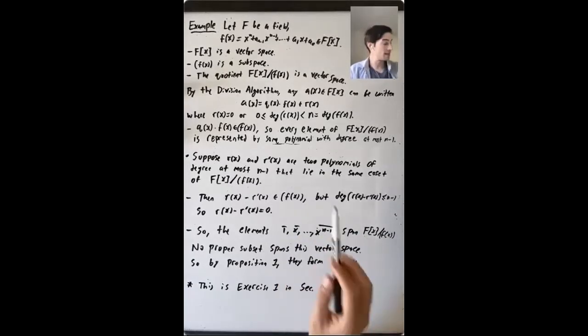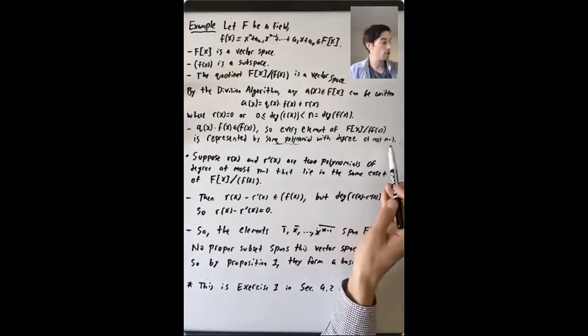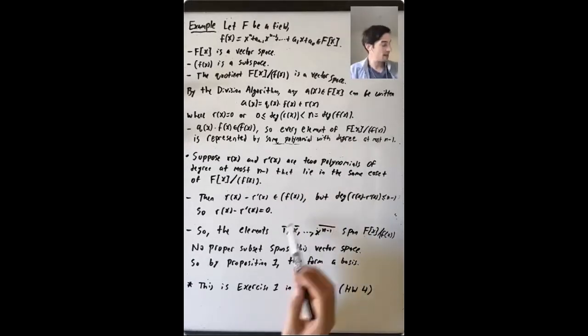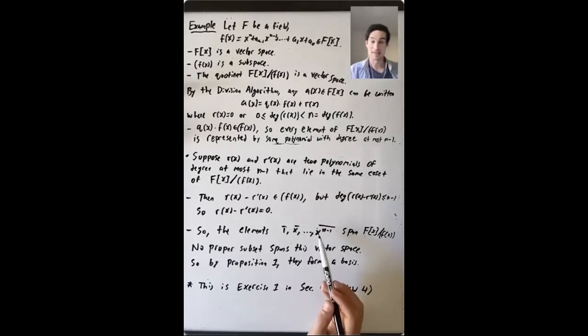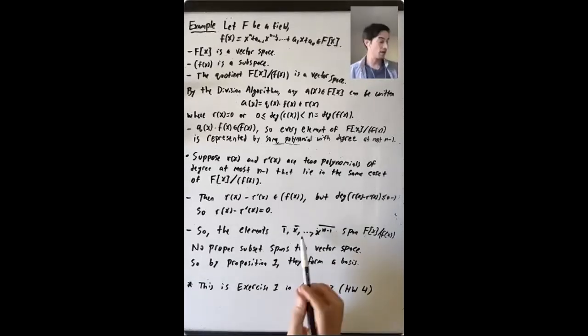It's represented by some polynomial with degree at most n minus 1. We want to actually say that these form a basis. So we have to also see that they're linearly independent. And one thing we could do is try to write down a relation where we take linear combinations of these and set it equal to 0 and then show that all the coefficients are 0.